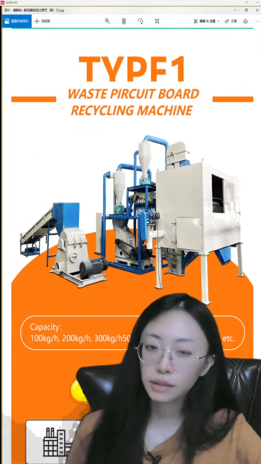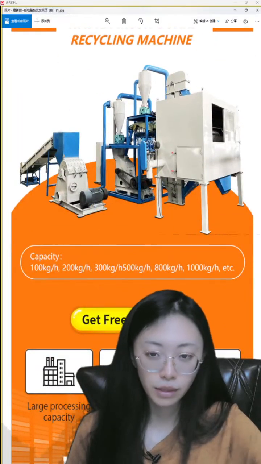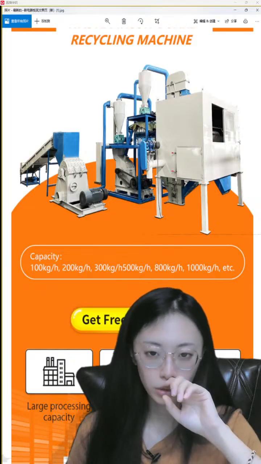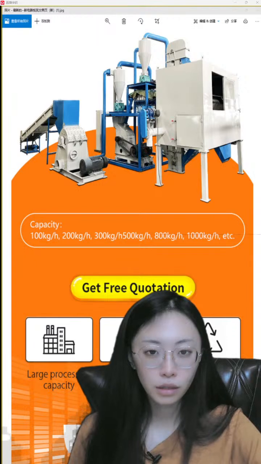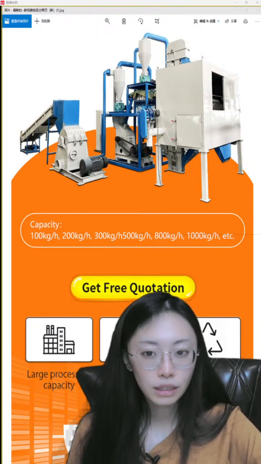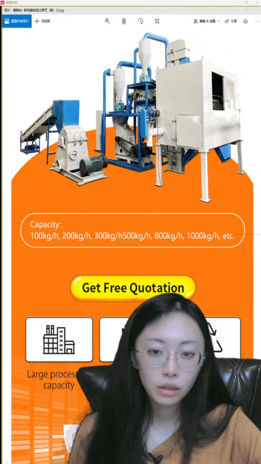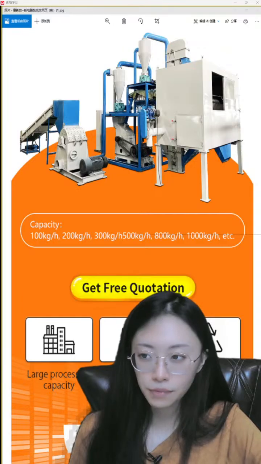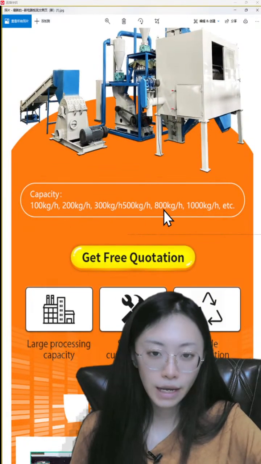And here is the type with a capacity of 100 kilograms per hour, up to 1 ton per hour. There are different capacities, and all the equipment can be customized according to the capacity or quantity that you need to process every day.